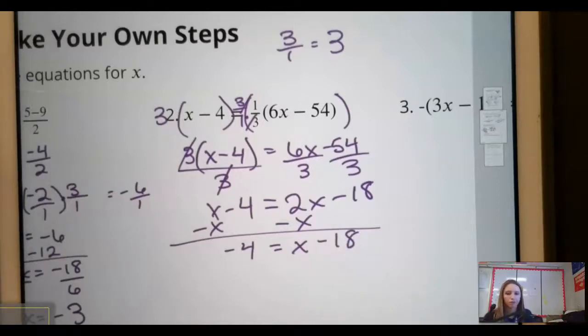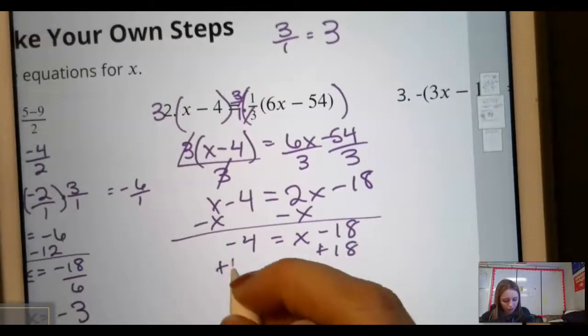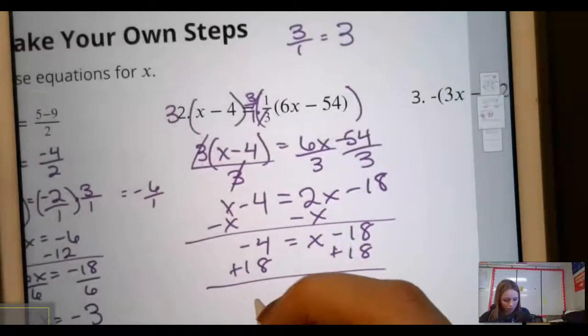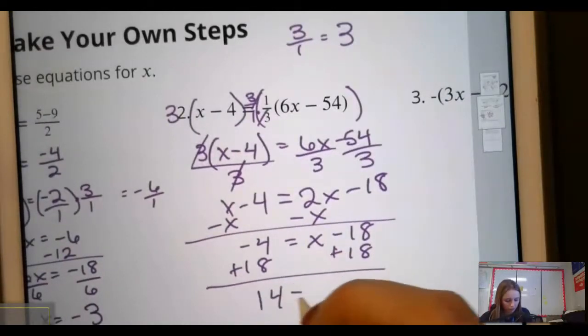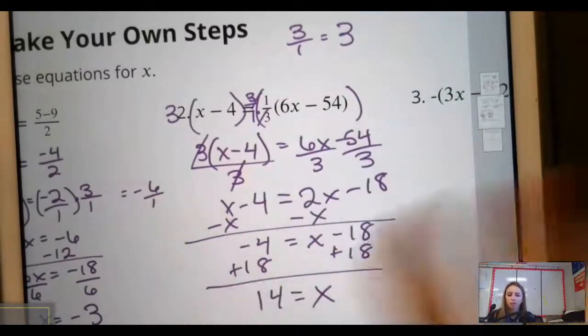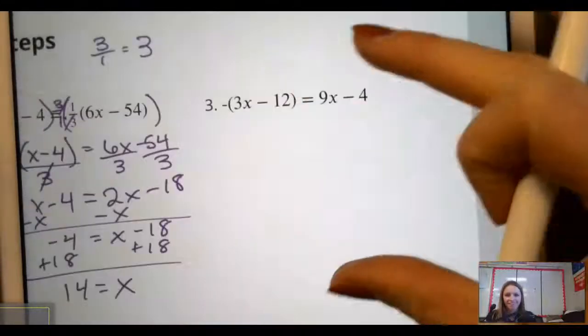Then I need to get x by itself, so I'm going to add 18 to both sides. And when I do that, I end up with x equaling 14. And there you go. If you distributed, that's great. You hopefully still got 14 because that's what you should have gotten.